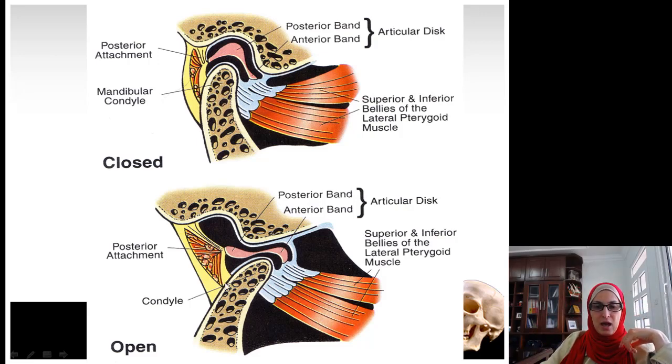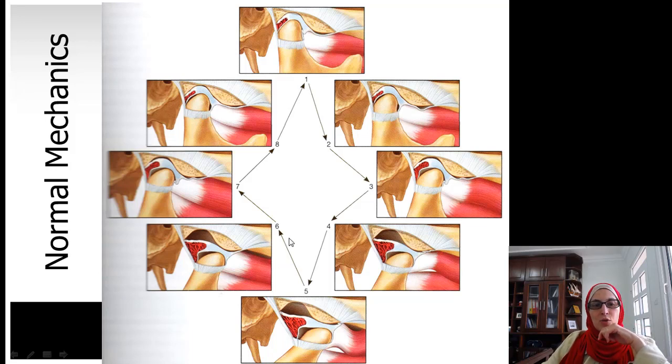So this is how it looks when the jaw is open, and when it is closed, it is just in the fossa, and here it moves over to the eminence part. So this is the normal mechanics of the jaw.